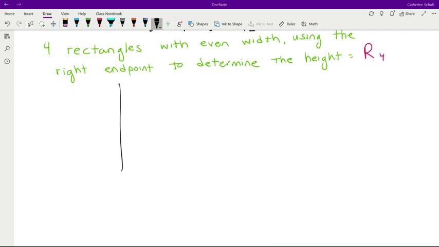So a picture of that. Luckily, this curve isn't too complicated, so we can recreate it relatively quickly. There's pi over 4. There's pi over 8. There's 3 pi over 8. Okay, so even width, that's the first part. And then the right endpoint determines the height.